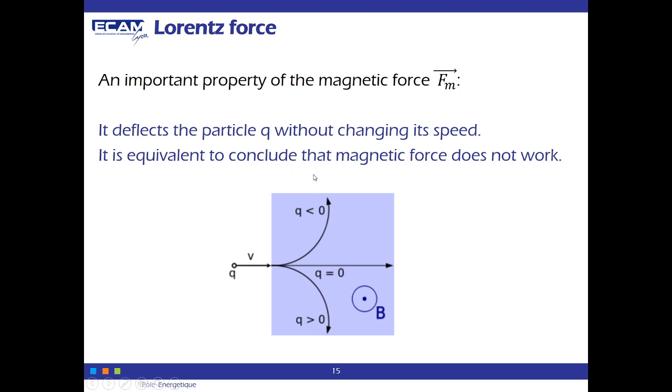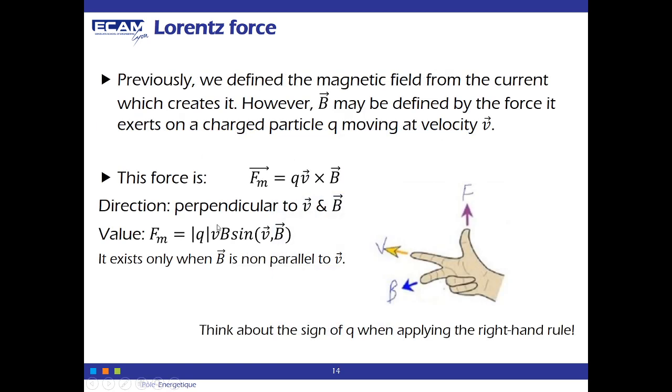What is important is that the amplitude of the force is not affected by, how do you say, the magnetic flux density alone. Let's go back to this analytical expression. It depends only on the amount of charge, the amount of velocity, as well as the B field, or flux density.